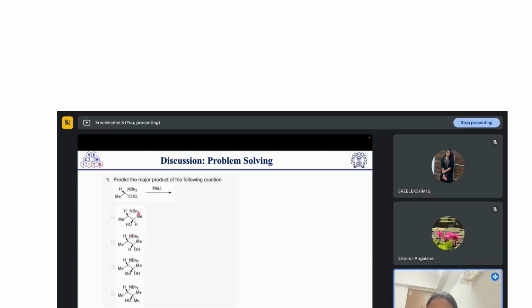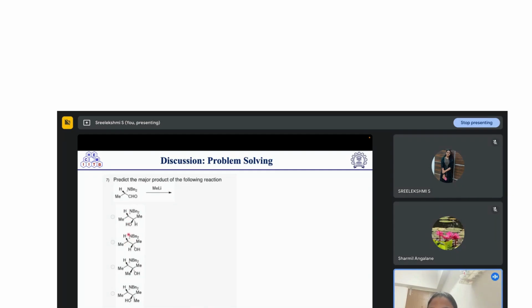Out of this option A or B, which will be the correct answer? Anyway, here we have dimethyl substitution that is not possible with methyl lithium because already one proton is there with carbon. So over the aldehyde, one methyl group is only attacking, so these two options we can exclude.